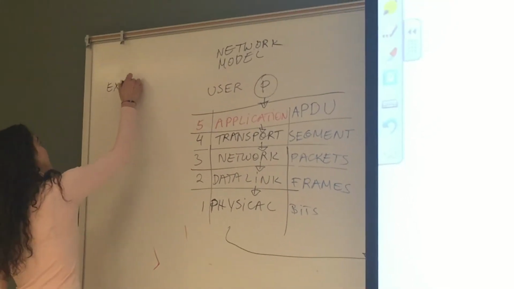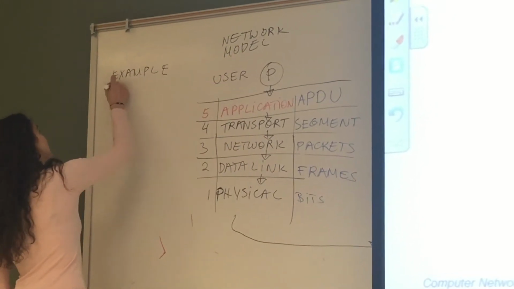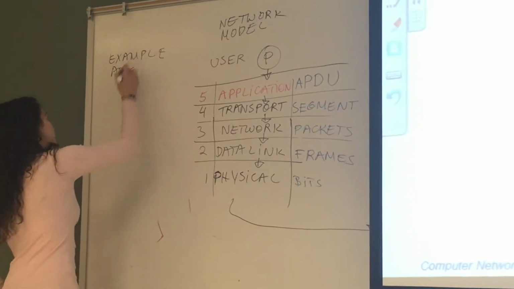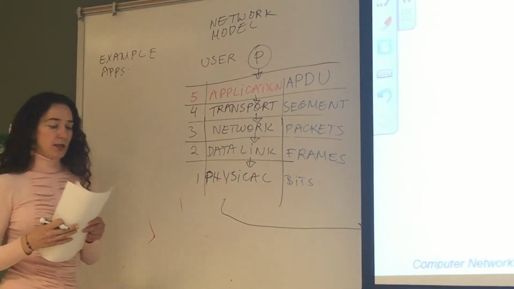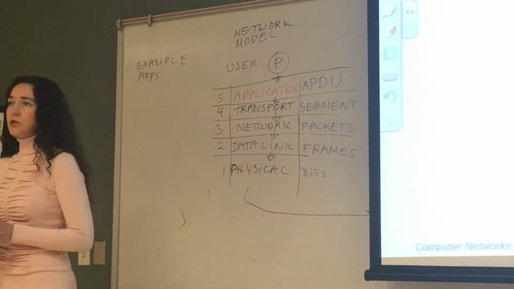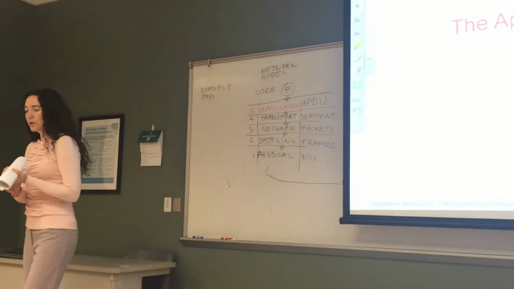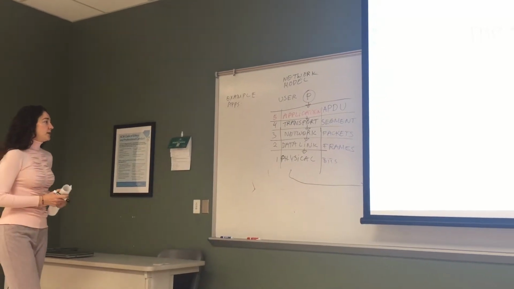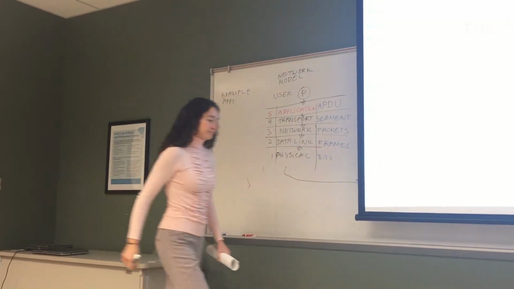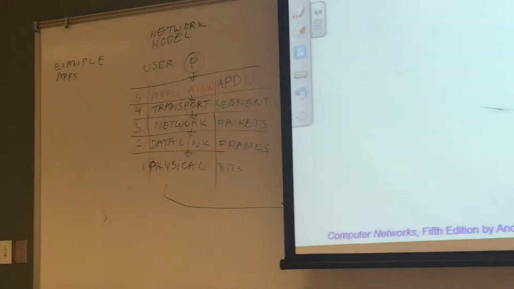Now, what kind of users or applications need to use the network? Let's think about the application layer. In this layer, all the applications are found. Can you think of an example application that needs to use the network? FaceTime.